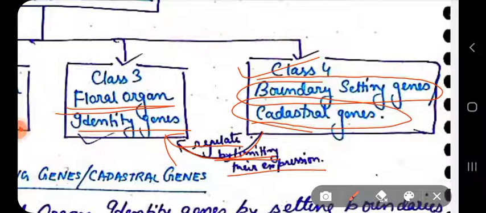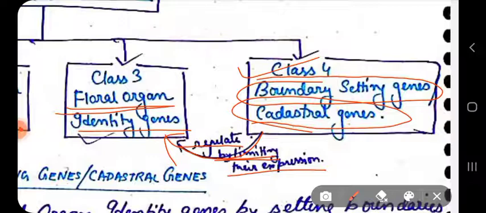So it is regulating how much those floral identity genes are going to be expressed. Like I have said, the third whorl of a flower is the stamen, the male reproductive part, and the fourth whorl represents the carpel, the female reproductive part. Between the stamens and the carpel, there is a gap, which is filled by the boundary setting genes to separate the third whorl from the fourth whorl.